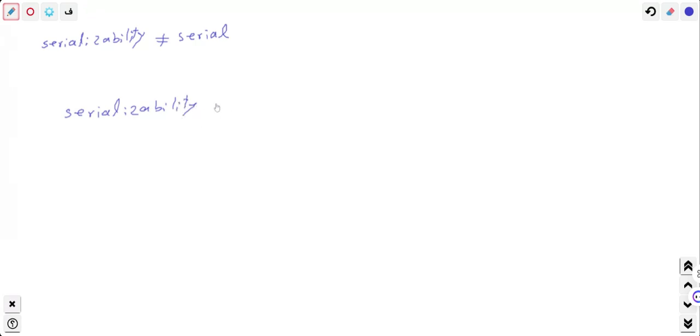We define two types of serializability: conflict serializability and view serializability. In the following, we are going to define these two types of serializability.